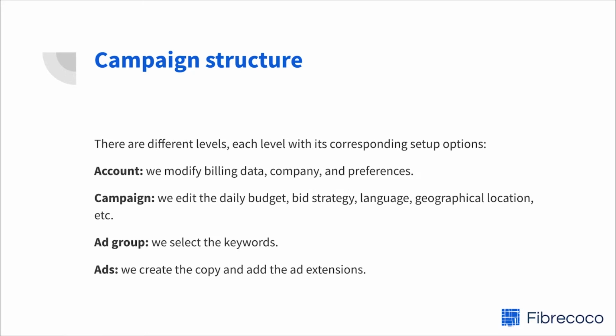At a campaign level, we can edit the daily budget, the bid strategy, the language, the geographical location. At an ad group level, we select the keywords, and at an ads level, we can create the copy, the title, descriptions, and add the ad extensions to add value to our ads.